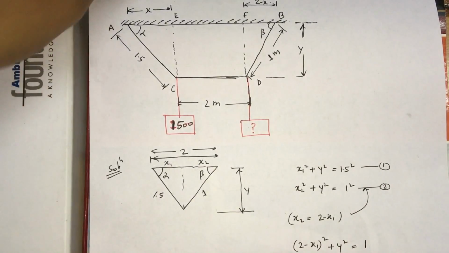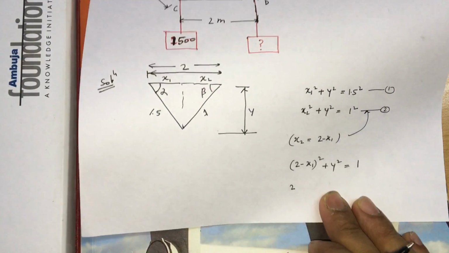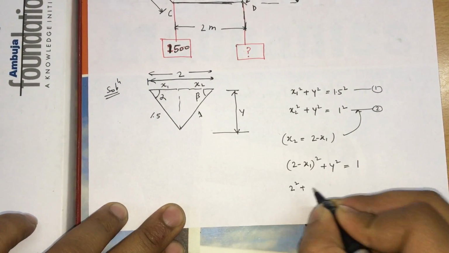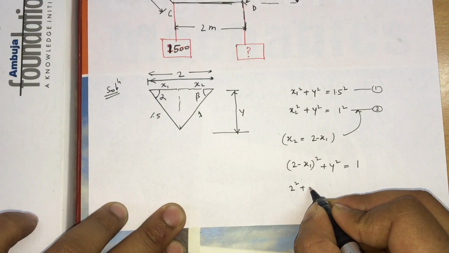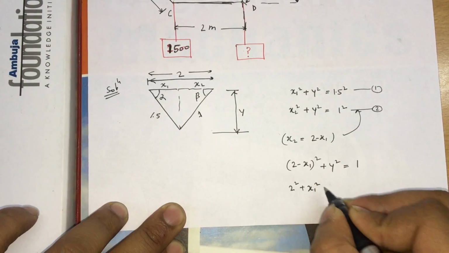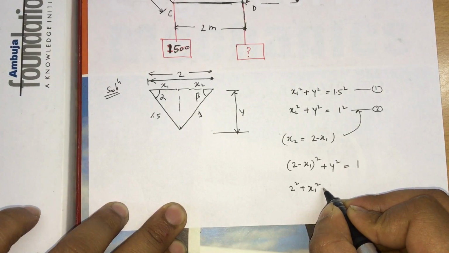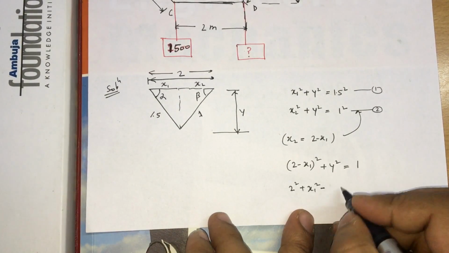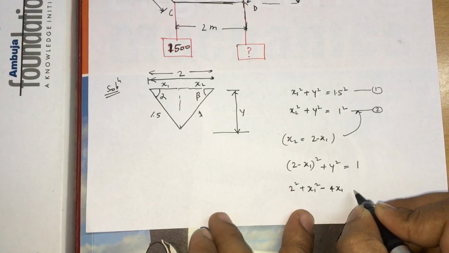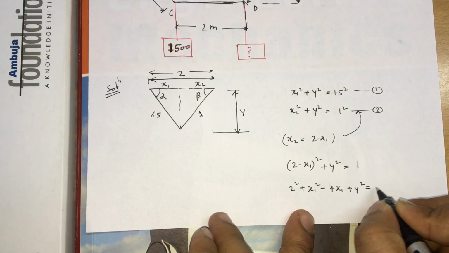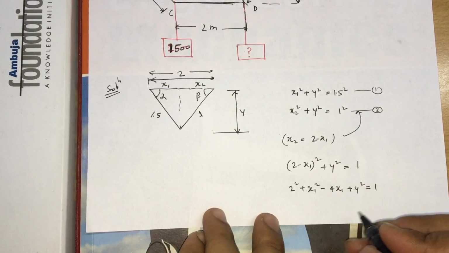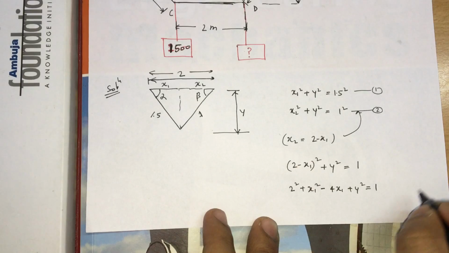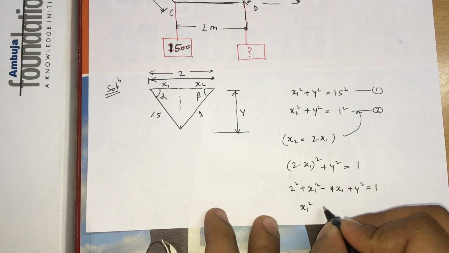So open the bracket. So 2 square plus x1 square, and minus 2 times 2 times x1, that is minus 4 x1, plus y square is equal to 1. So here we can simplify this like that. So 4, and this is x1 square.